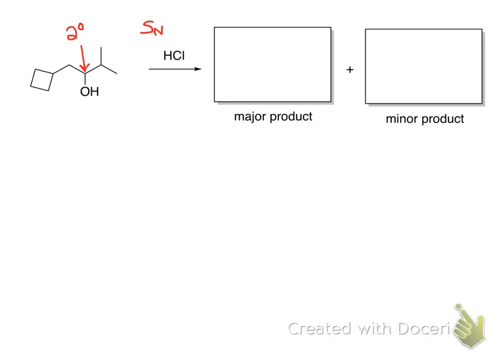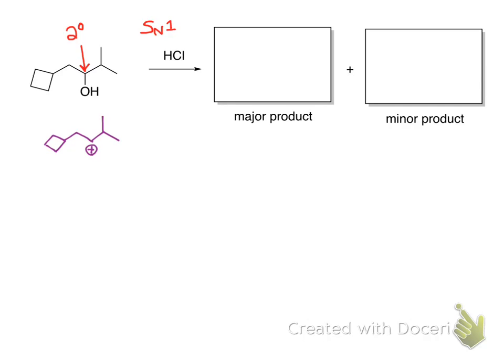Remember, a secondary or a tertiary will go through either an E1 or an Sn1, depending on what reagents you use. Okay, this all comes down to our intermediate, just like our E1 reaction. So, once again, very helpful to draw out what the carbocation intermediate or intermediates look like. Let's do it.